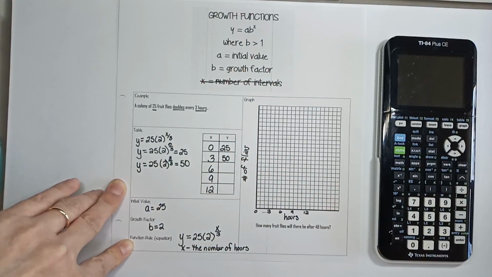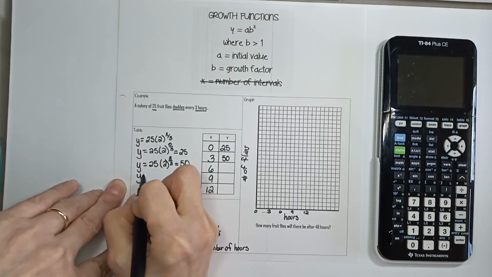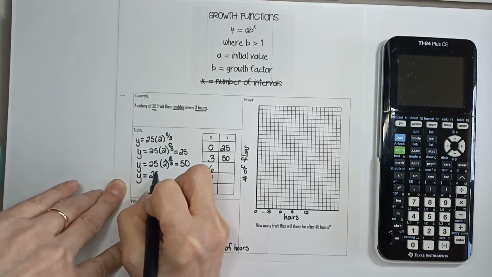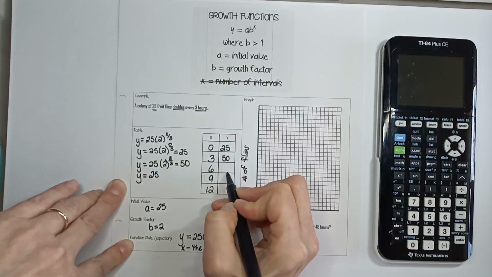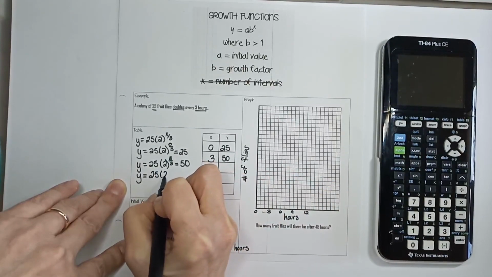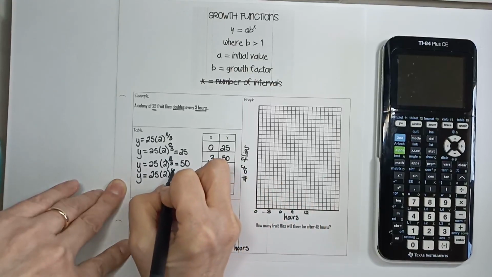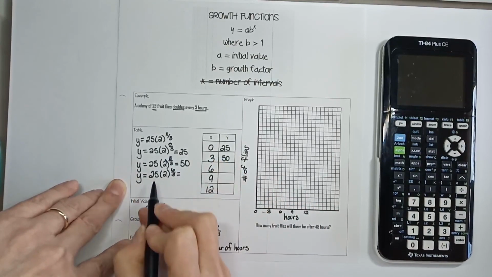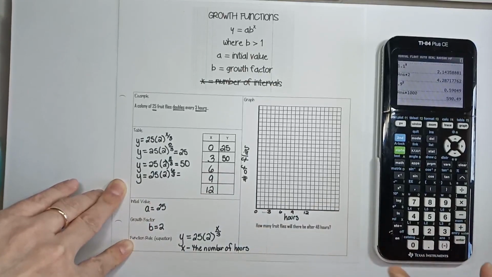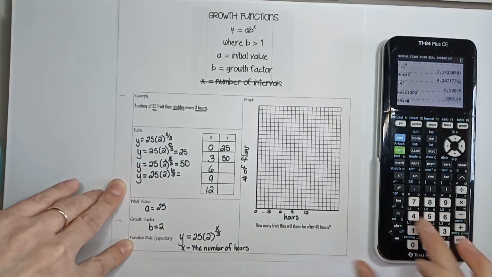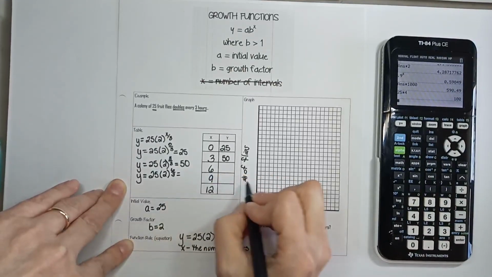And probably you can imagine what the next one's going to be, because we're doubling every 3 hours. Let's go ahead and do our function anyway, just so you can see how that works. I put a 6 over 3 in, which is 2 squared. If you need to, you can use your calculator. So that is 25 times 4, which is pretty simple. It's 100.